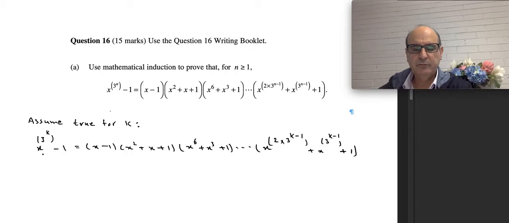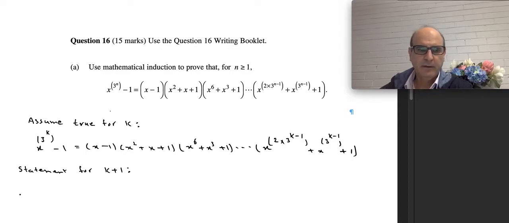That is if we assume that the statement is true for k. Now we need to prove that the statement is true for k plus 1. Before doing that, it's a good idea to see what it is that we are trying to prove. If we write the statement for k plus 1, it will look like this. Just replace k with k plus 1.